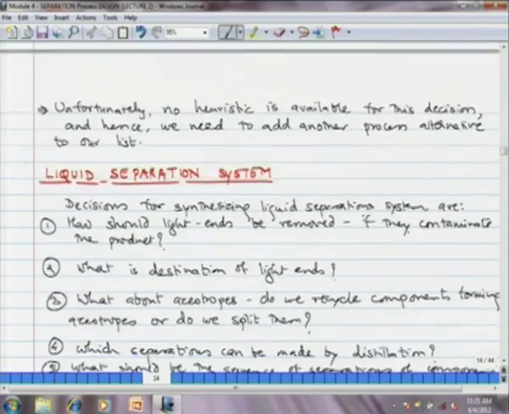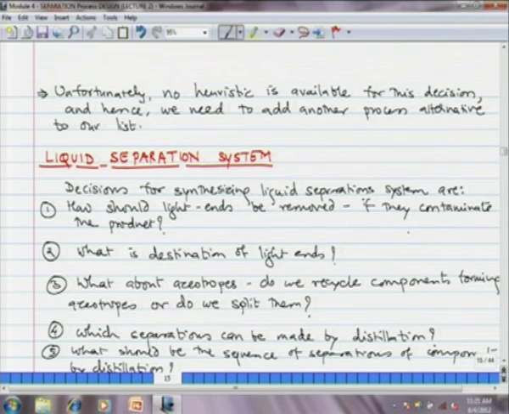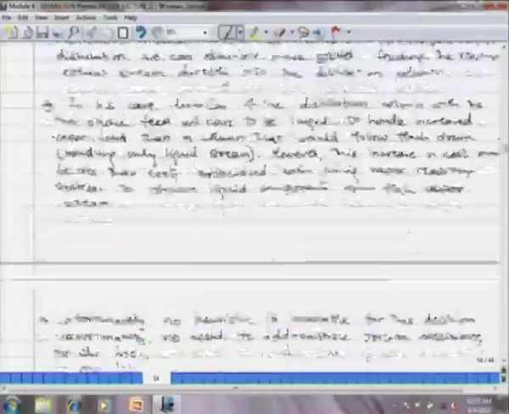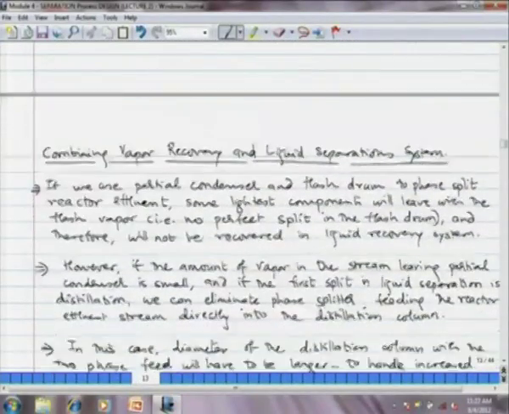Now, there are no heuristics or guidelines available for making such decisions. These decisions vary from case to case, and we need to look at the process carefully before making them. So, this is how you can combine the vapor and liquid separation systems.